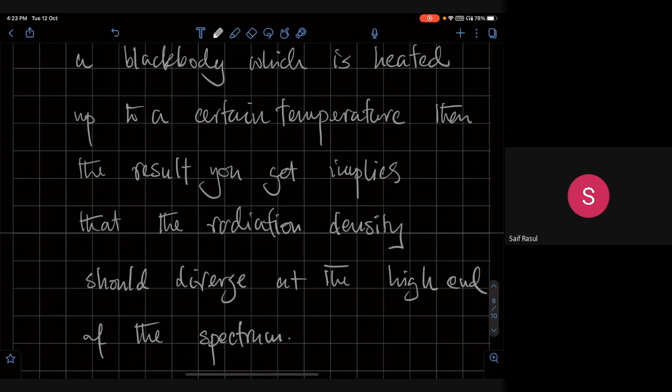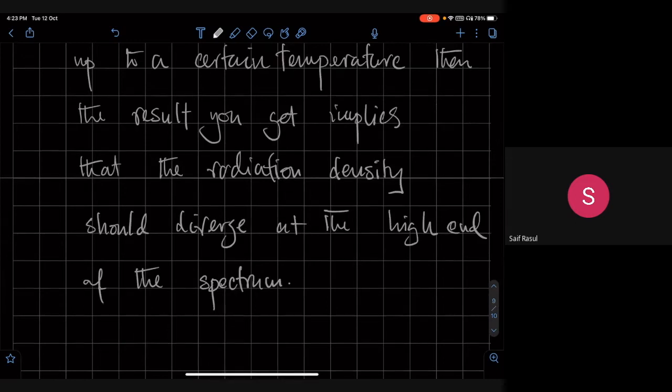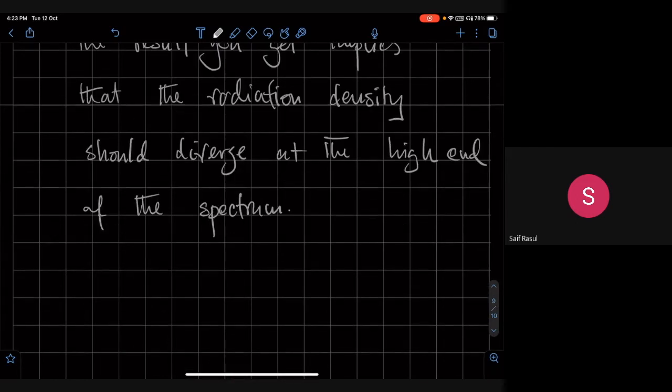and because it's on the high end, that is on the ultraviolet end, what it's saying is that at the ultraviolet end, you should expect the energy given out by this object to be infinite, which is clearly not a physical result, right?